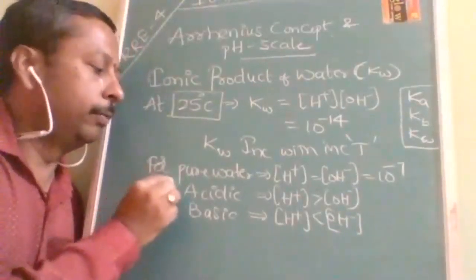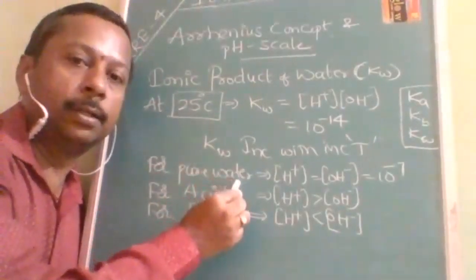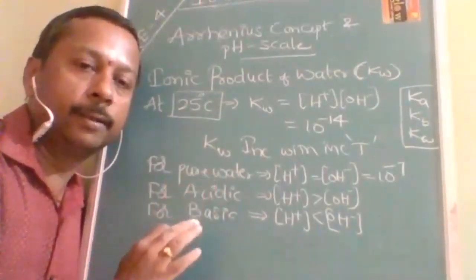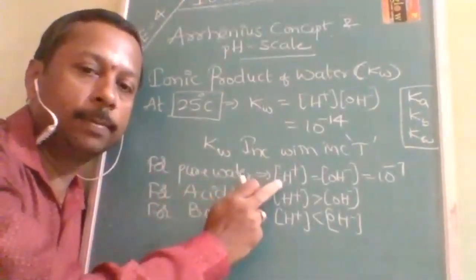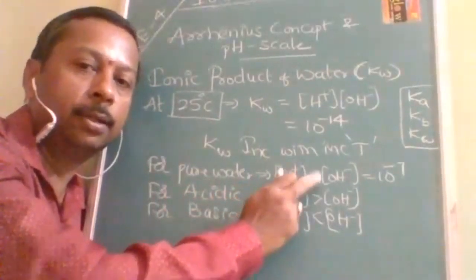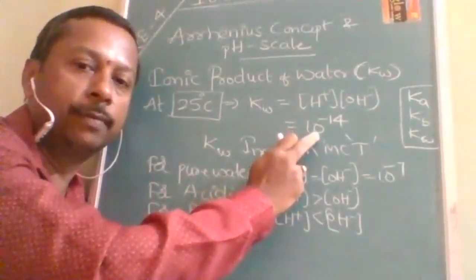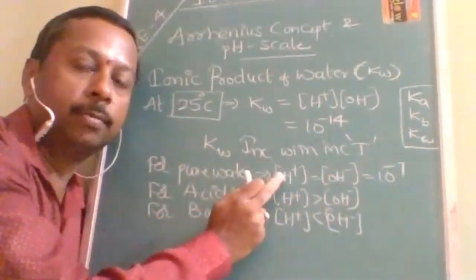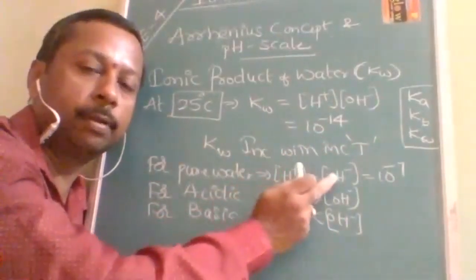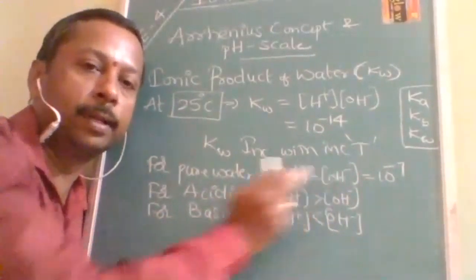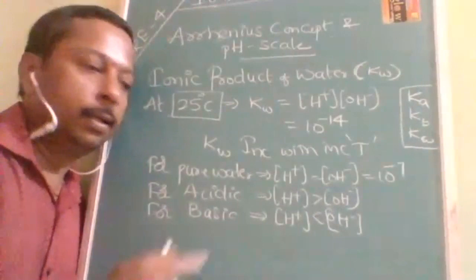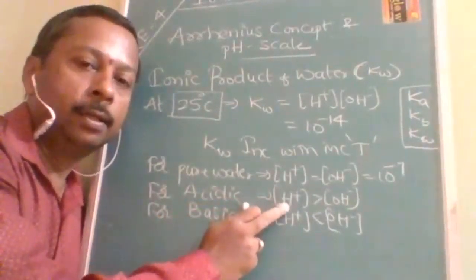Okay. So for pure water, that is nothing is mixed, no acid, no base is mixed, then equal number of H plus, equal number of OH minus. So 10 to the power of minus 14, when it is distributed, is going to give you 10 to the power of minus 7 moles of H plus per liter. Okay. But if you add acid, then H plus will increase.